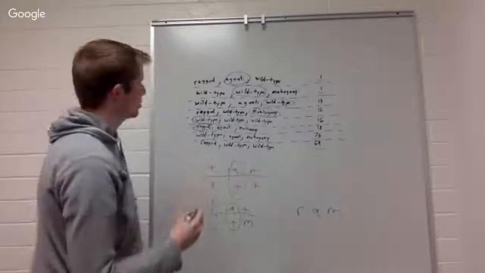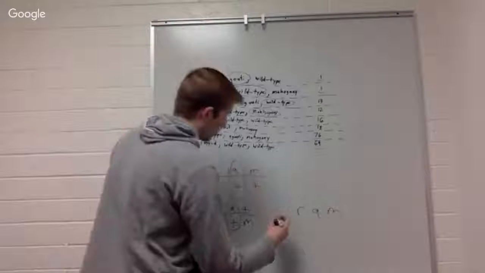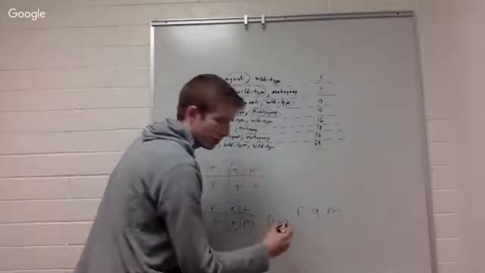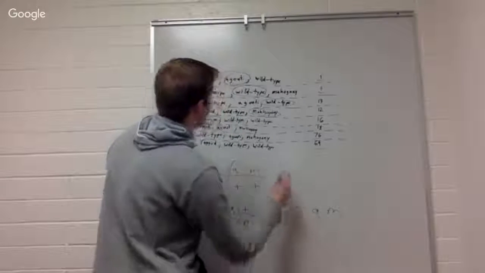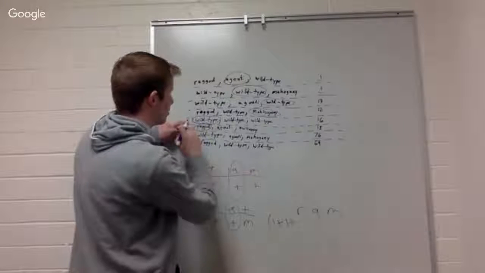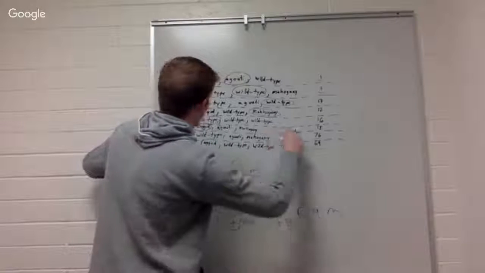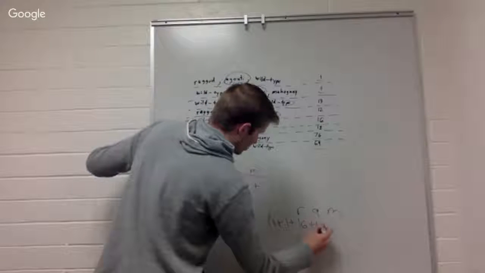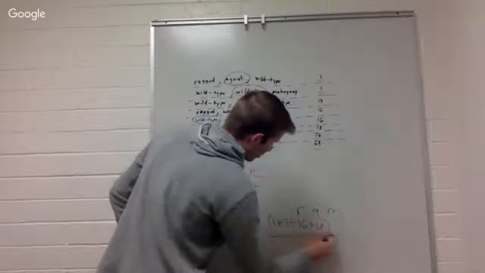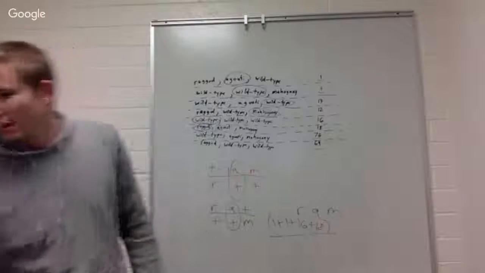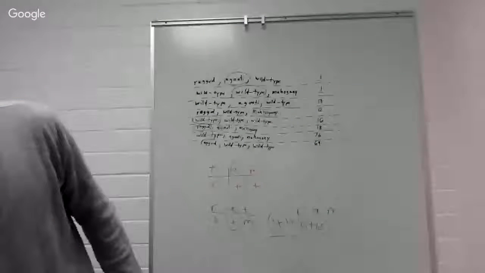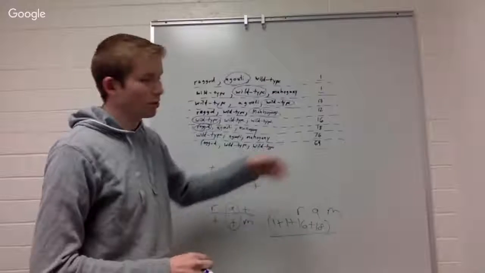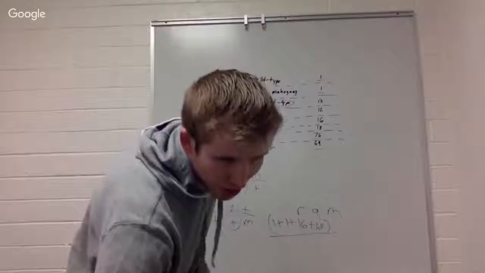And so once we get those, then we can put it into our equation where we have the two middles. And then we can put these two first. I was working left to right. And so we have 16, 18. So we're going to add 16 plus 18, and we're going to divide that all by the amount of offspring that we have.